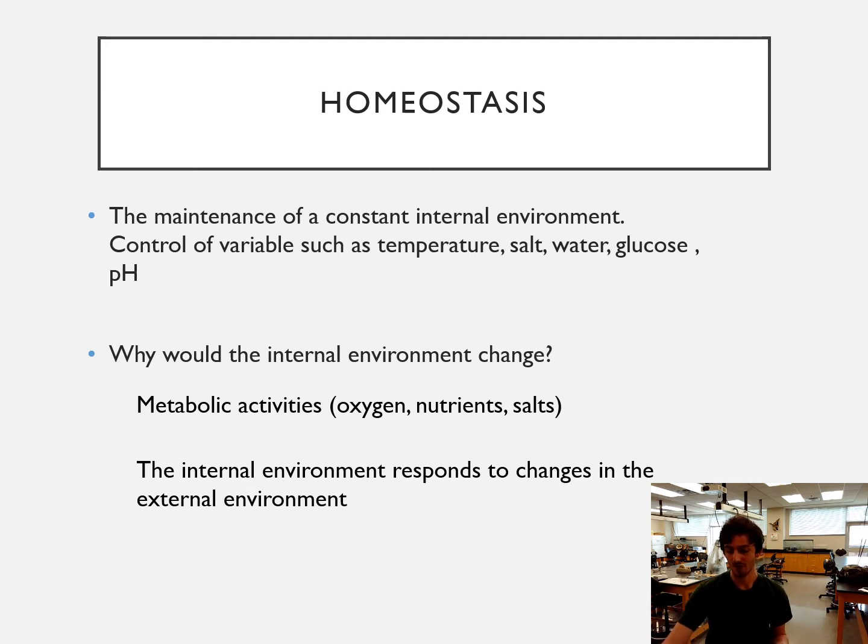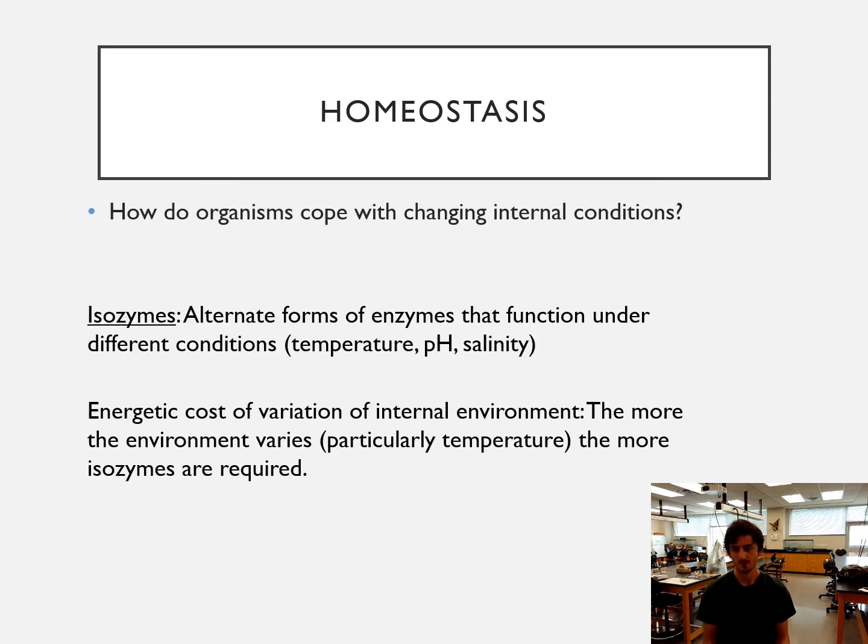because if you have a wildly different internal environment, it can lead to denaturing of proteins, which is extremely bad for your cells. So one of the ways that you maintain that constant internal environment is through alternate forms of enzymes called isozymes. Enzymes function at a very specific and rather narrow set of conditions.